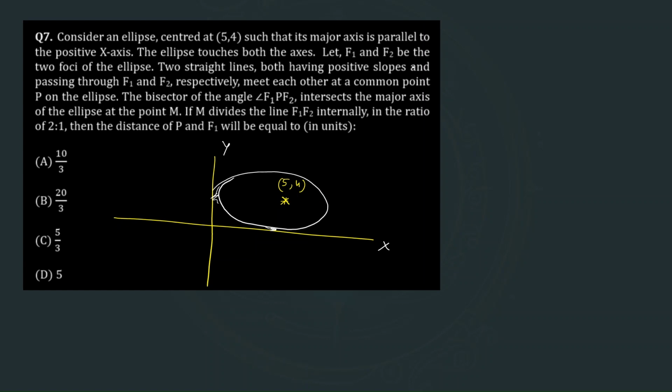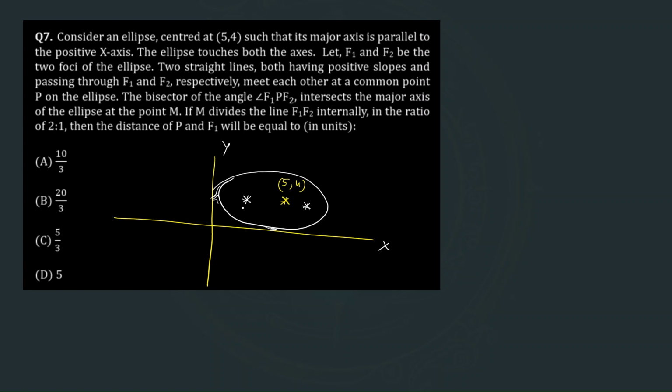Let F1 and F2 be the two foci of this ellipse. So here F1 will be somewhere here and F2 is somewhere here. Two straight lines, both having positive slopes and passing through F1 and F2 respectively, meet each other at a common point P on the ellipse.